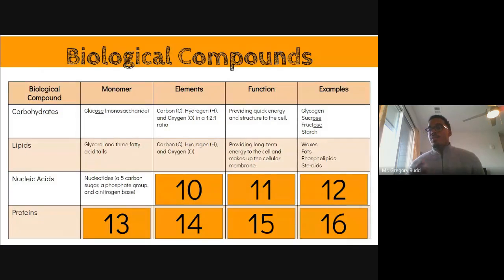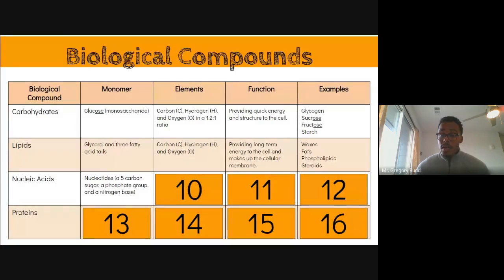Now we've got those same three elements, carbon, hydrogen, and oxygen present in nucleic acids, but they also have two other things that are very important. Does anybody remember those other two elements? Two additional elements that make up nucleic acids.